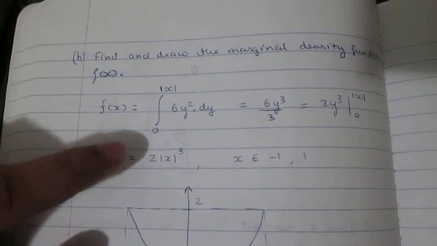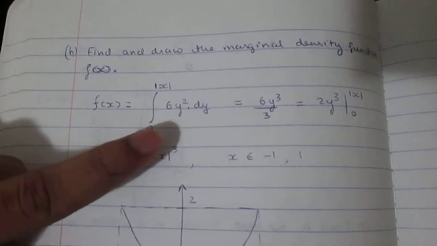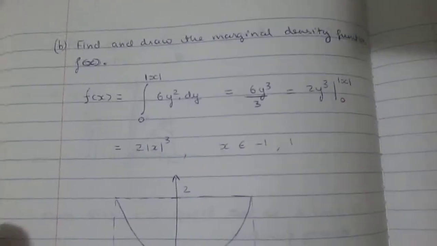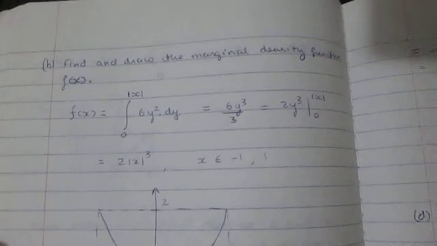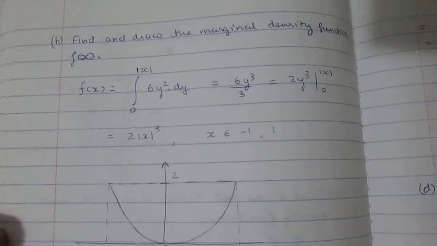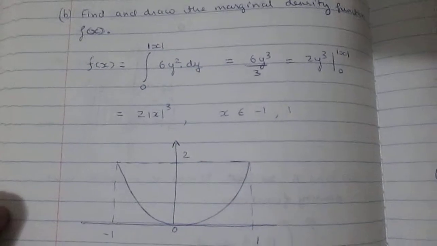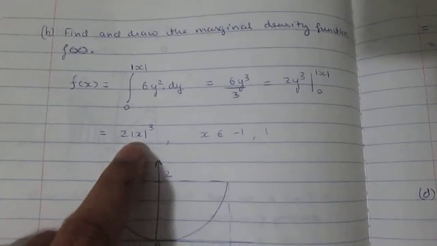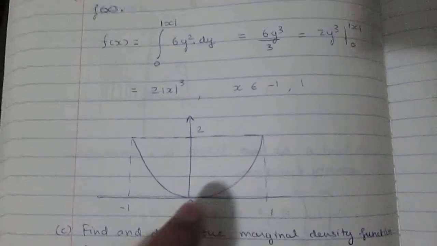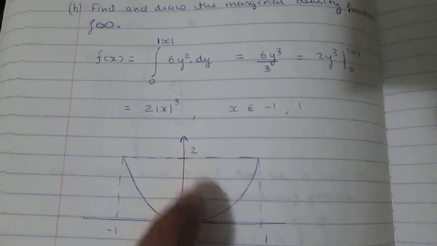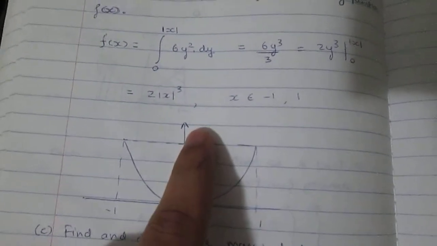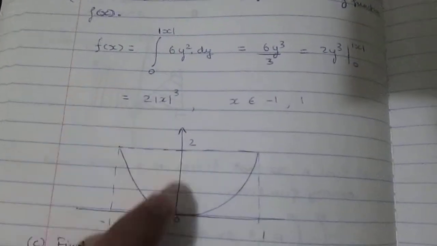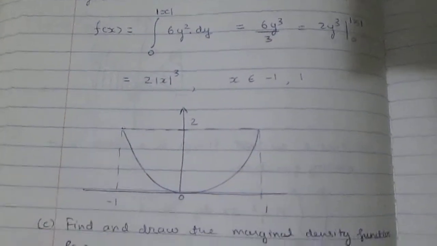So if we integrate 6y square dy, we get 6y cube by 3, which is 2y cube from 0 to |x|, equal to 2|x| cube. Now this can go from minus 1 to 1. So if we plot it over the graph where the x-axis is x and the y-axis is this thing, we'll get the graph something like this.